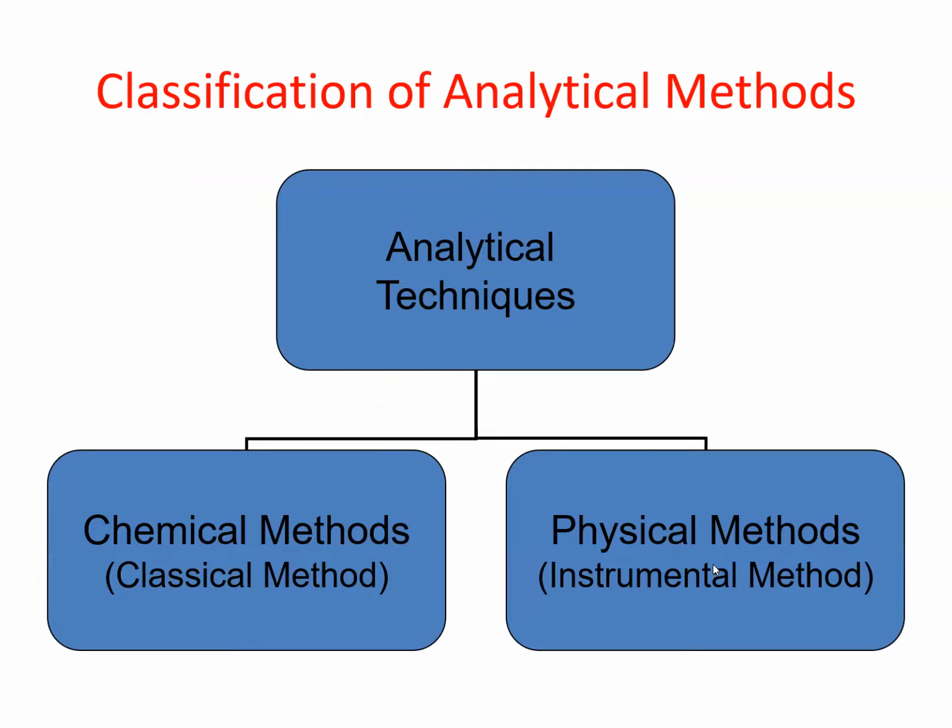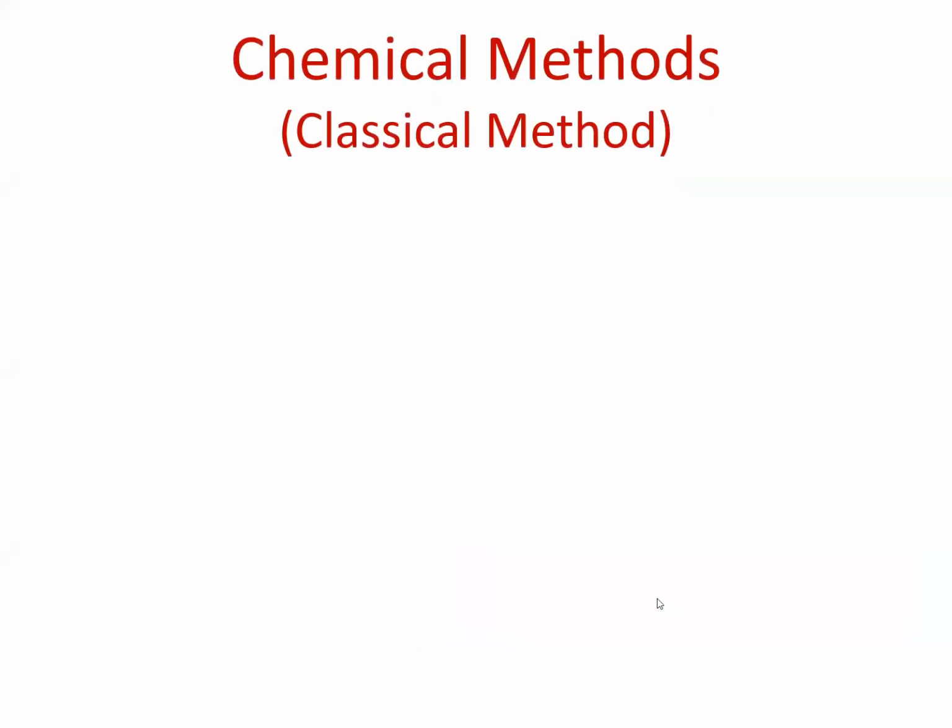And then the other type of the analytical techniques will be physical methods, which are essentially the instrumental methods. And so let's start with some of the chemical methods that we use. These are called the classical methods, as noted in the previous slide.